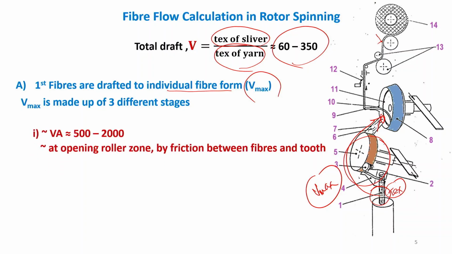That is V A, a major draft, typically 500 to 2000 at the opening zone, by friction between the fiber and the teeth of the opening roller.